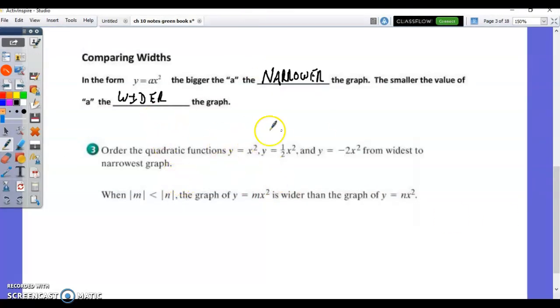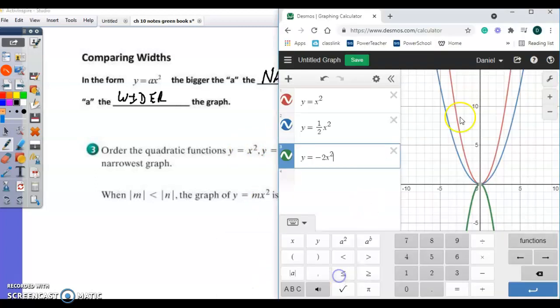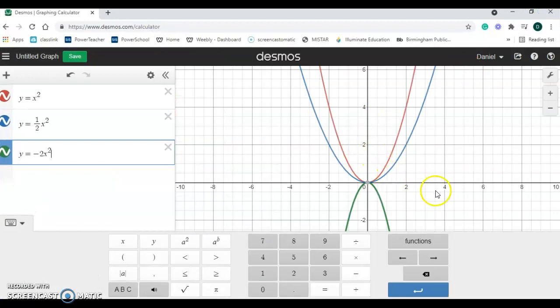But if we are talking about an example question, listing these from widest to narrowest, for example, remember the bigger the a, so the higher number, like negative 2, even though it's negative, is bigger than a half and it's bigger than 1, right? So negative 2 is going to be the narrowest of the three, followed by 1, and then the widest would be a half x.